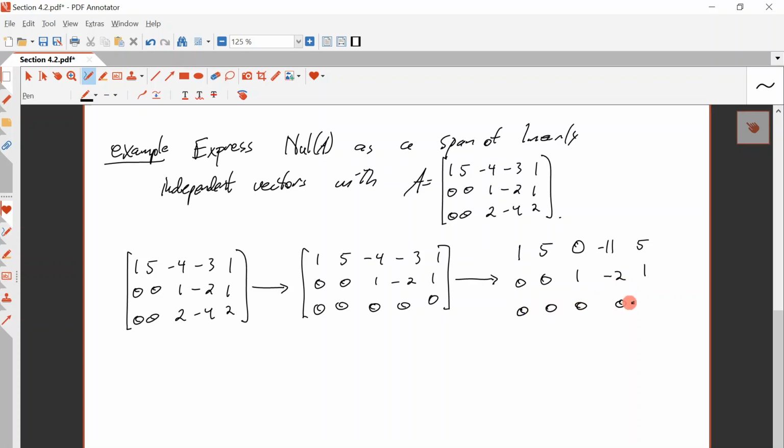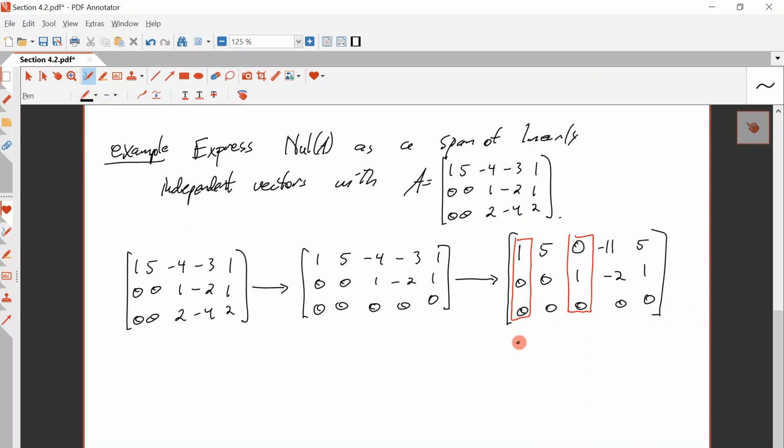Now we're in reduced row echelon form. The pivots are right here, and the column for each pivot has one non-zero entry. That's reduced row echelon form.